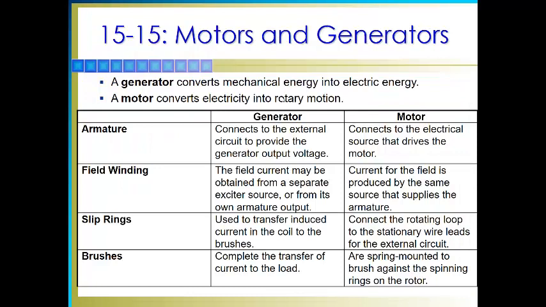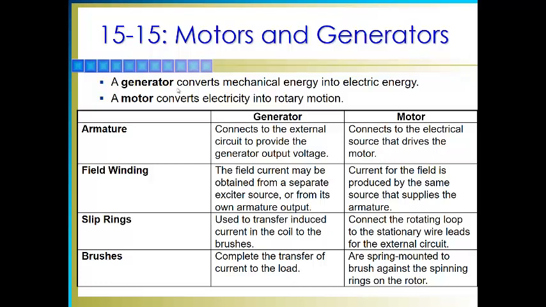This section of the chapter is more informational, more conceptual, between the generator and the motor. Basically, what you need to know is that generators convert mechanical energy into electric energy, like the one we saw at the beginning of the chapter when we explained what AC voltage was.